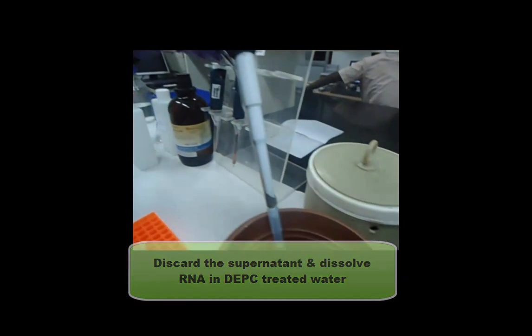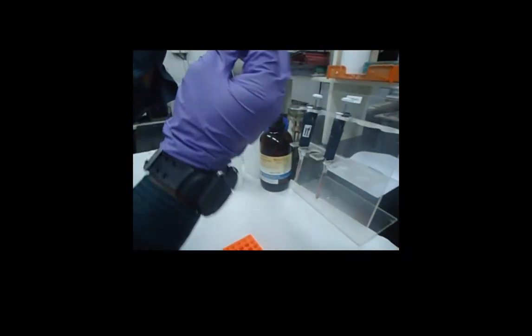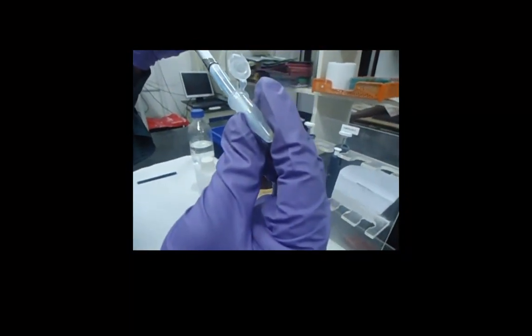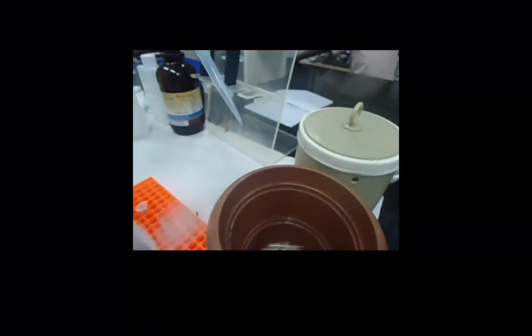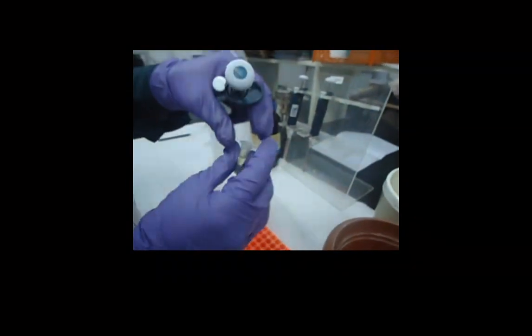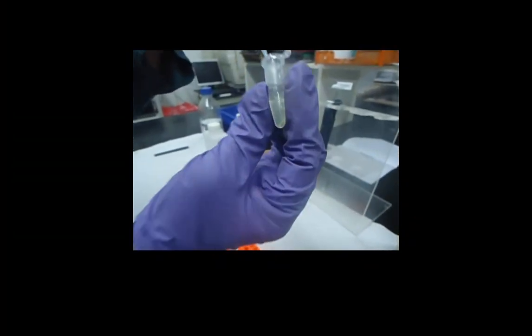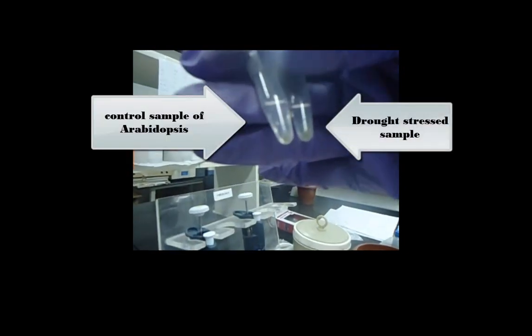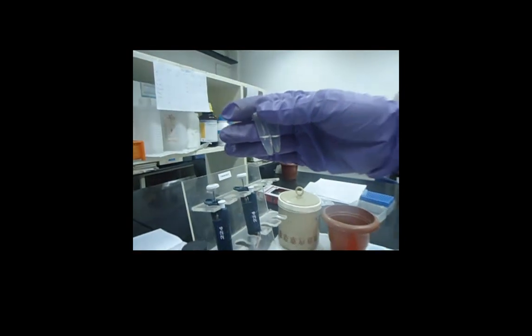Two tubes containing RNA pellet are obtained at the end of the RNA isolation step. Here we can see the left side is containing the control sample of Arabidopsis.